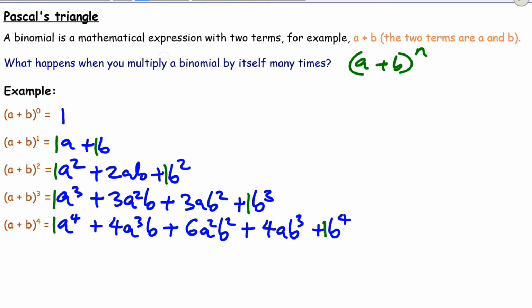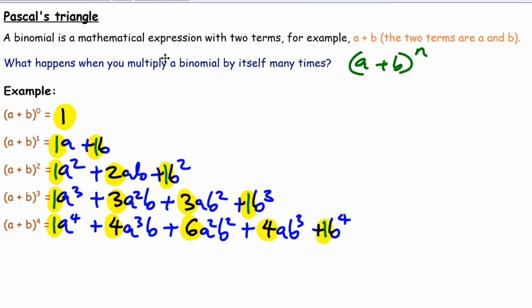If I just highlight them, that is the coefficients for (a + b) to the power of 0. These are the coefficients for (a + b) to the power of 1. These are the coefficients for (a + b) squared. And these are the coefficients of (a + b) cubed. And these are the coefficients of (a + b) to the power of 4.